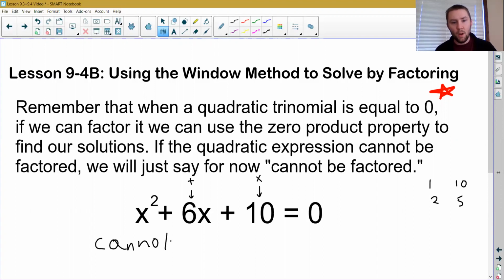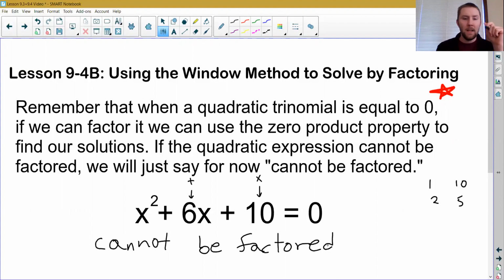So what we would say for this is that it cannot be factored. But it's important to note that "cannot be factored" is not the same as "no solutions." We talked a couple videos ago about equations that had no solutions when we were square rooting negatives, if you remember. Cannot be factored is a different thing, because we will later talk about a couple more strategies to solve quadratic equations.